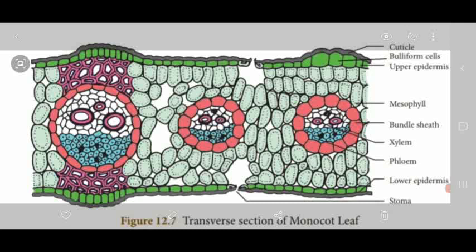Each vascular bundle is surrounded by a bundle sheath which is made up of sclerenchymatous tissue. See the size of the vascular bundles also: two smaller vascular bundles and one large vascular bundle. Only the large vascular bundle is surrounded by a sclerenchymatous bundle sheath, which is pink in color.